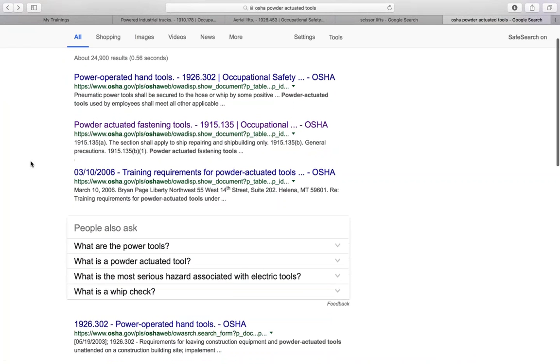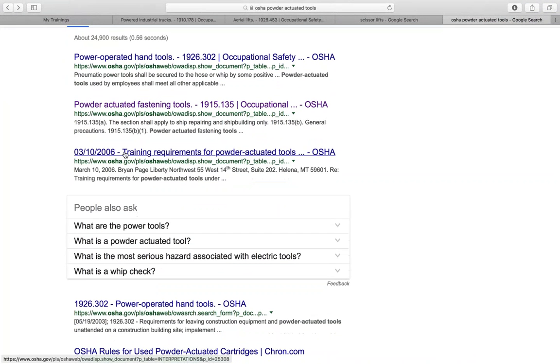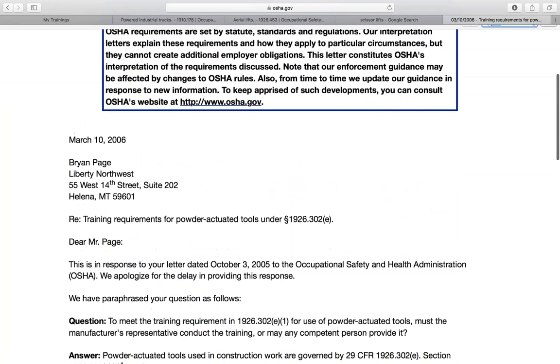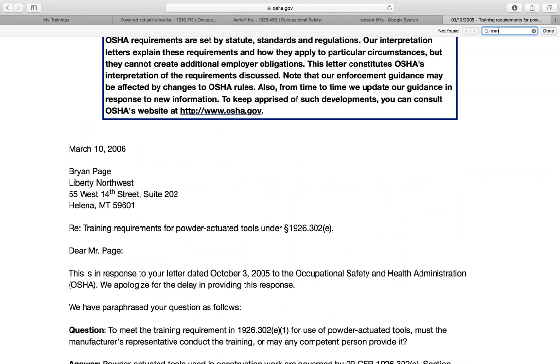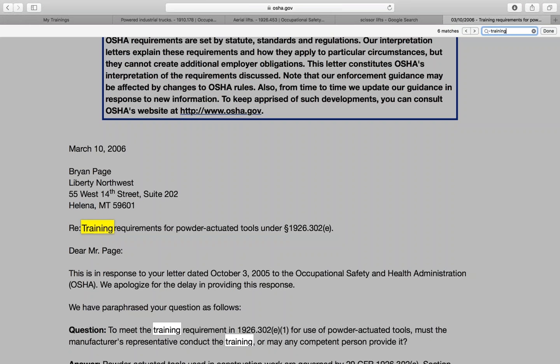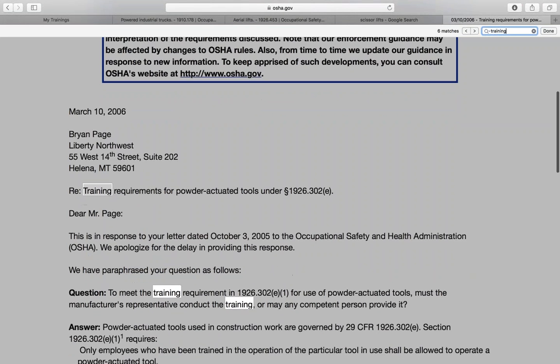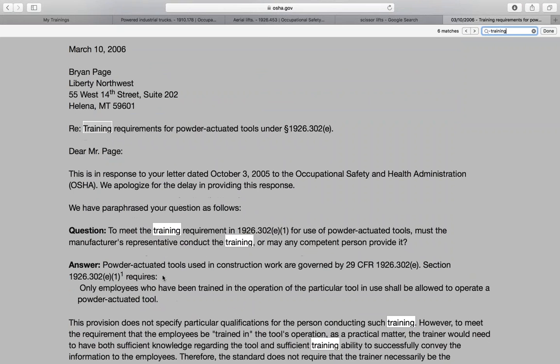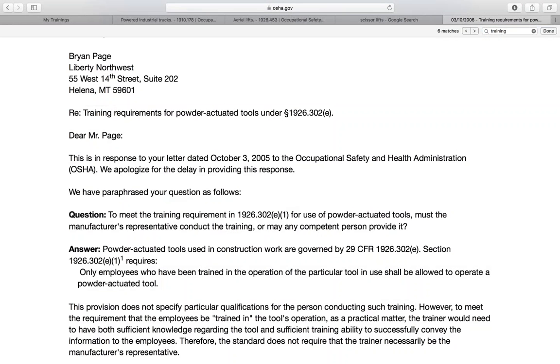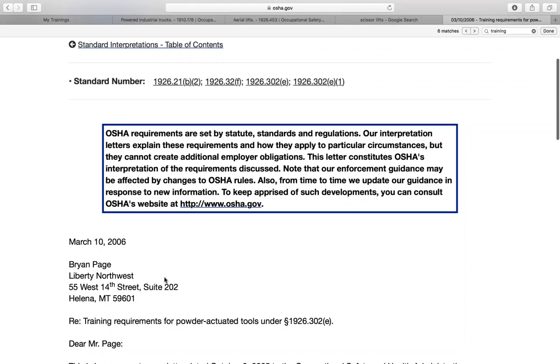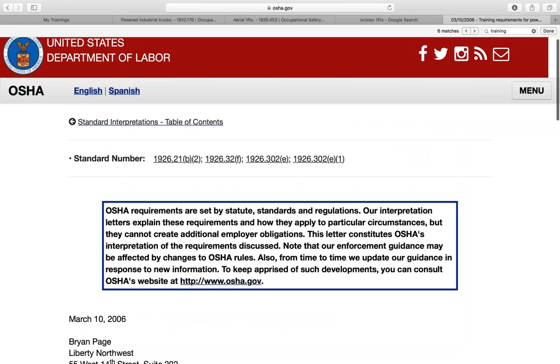That's the maritime one. I want to find the... okay, so here you go. This is the OSHA letter of interpretation, folks.